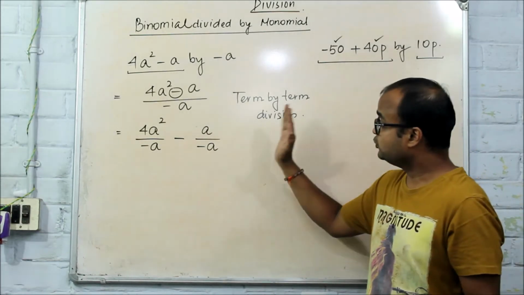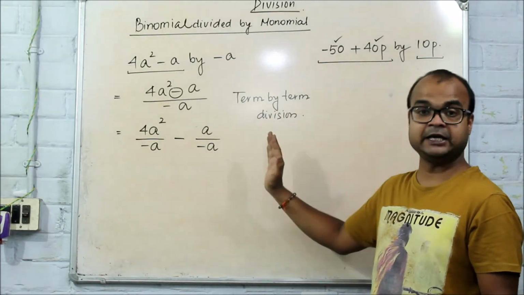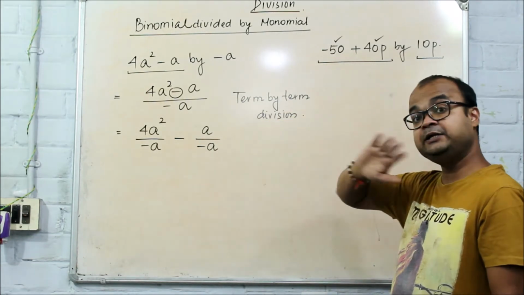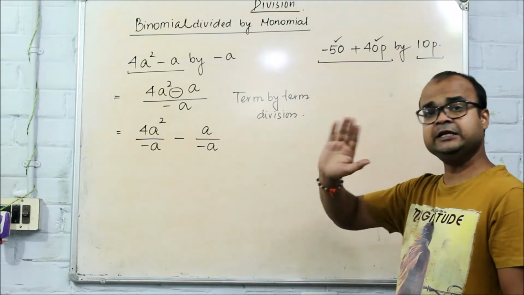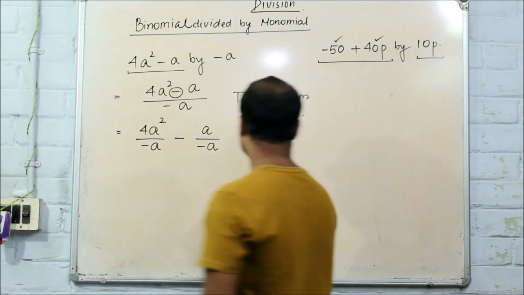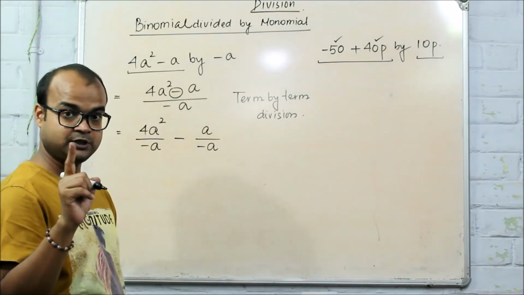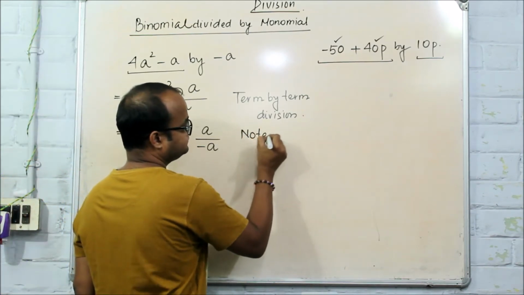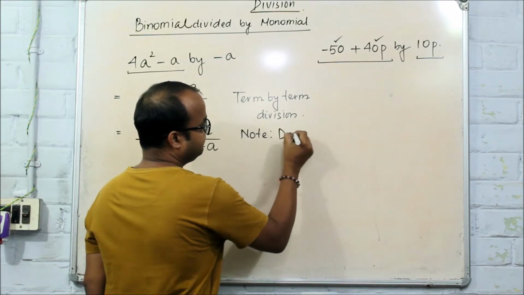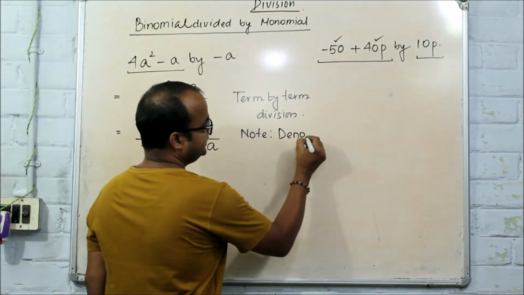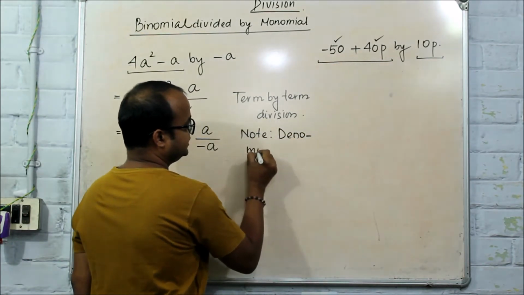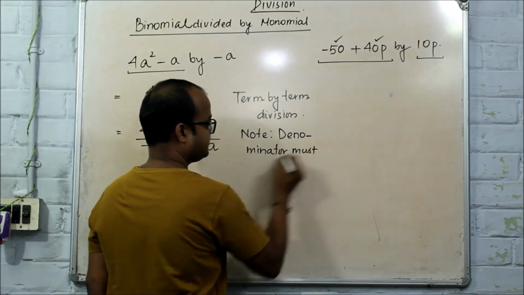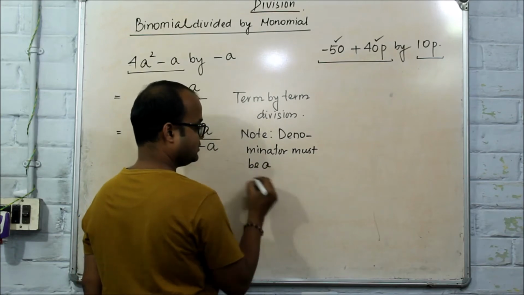Clear? This process is only applicable when the numerator might be a polynomial of any number of terms, but the denominator must be a monomial. So you need to remember that. So note, you can apply term by term division if the denominator must be a monomial.